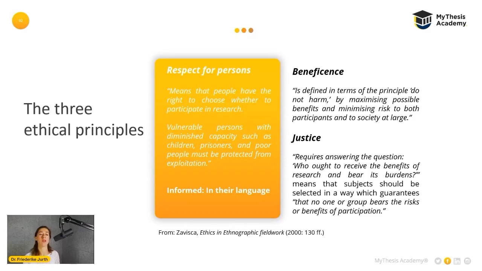So this is also very important, that there is a balance between the benefits and the risks, and that you don't leave the benefits of participation or the risks, on the other hand, to one person or to a certain group. So this is how the three ethical principles are defined. This is what it means in practice.